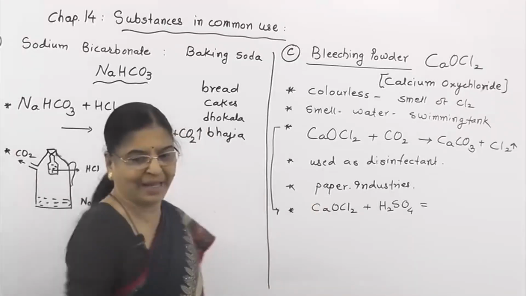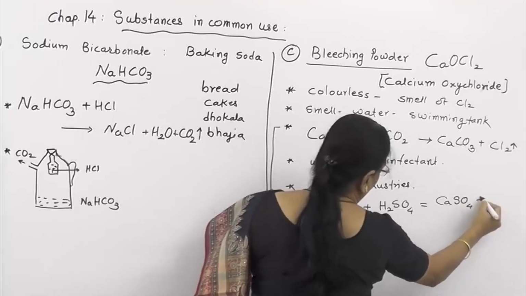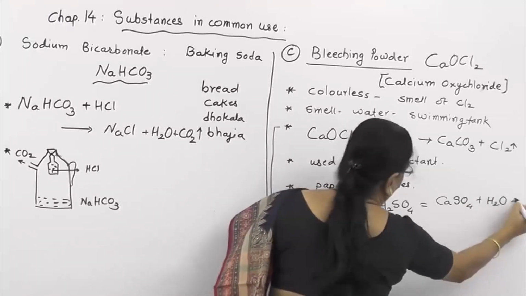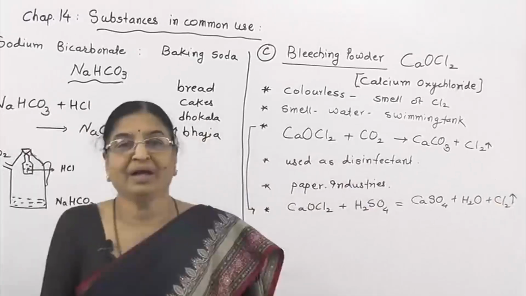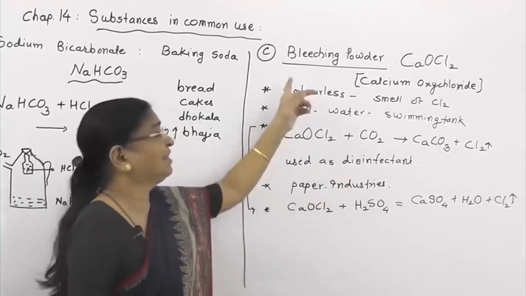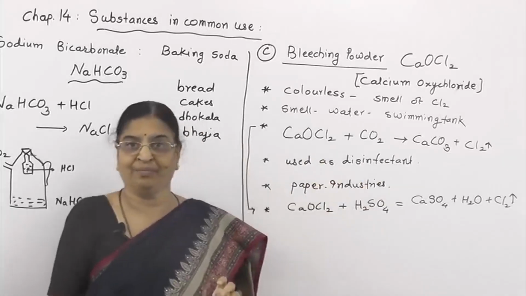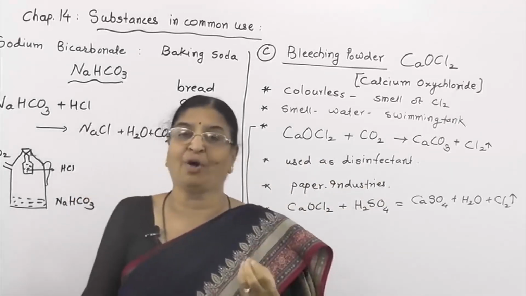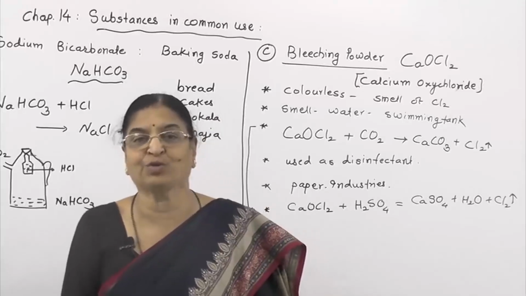CaSO4 will be there, then H2O and Cl2 will be given out. Now here you can see that the property of bleaching powder is due to the chlorine only, because chlorine has the property of a disinfectant, that is, killing the microbes.